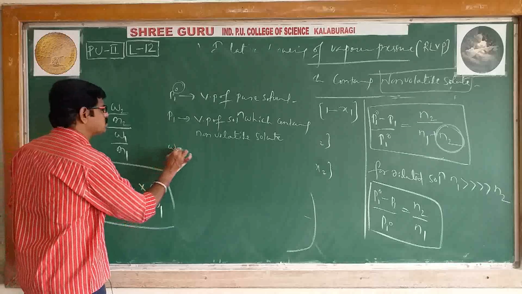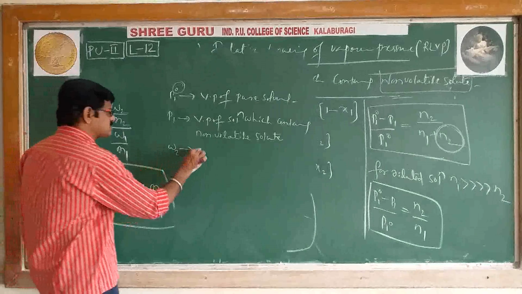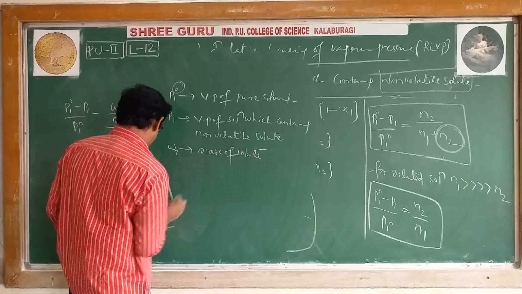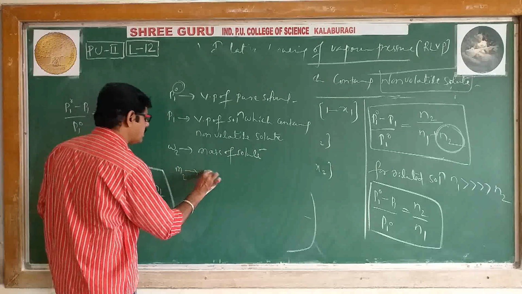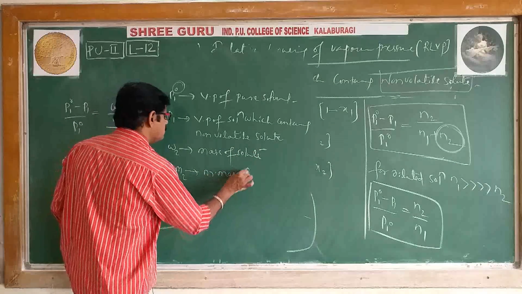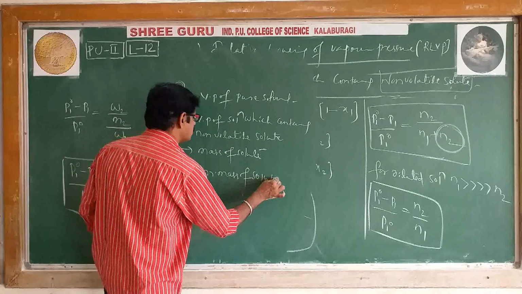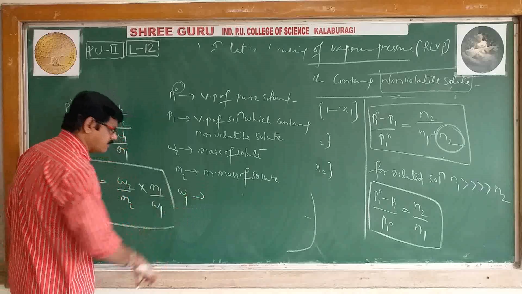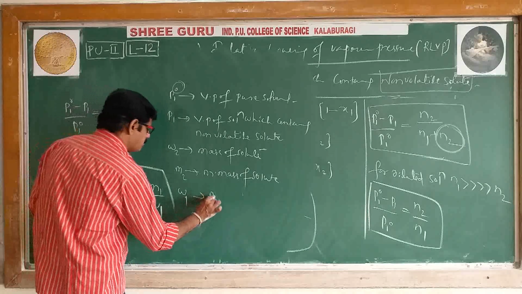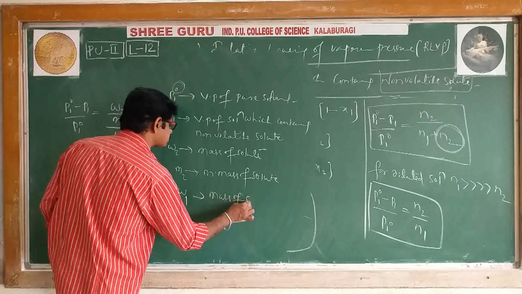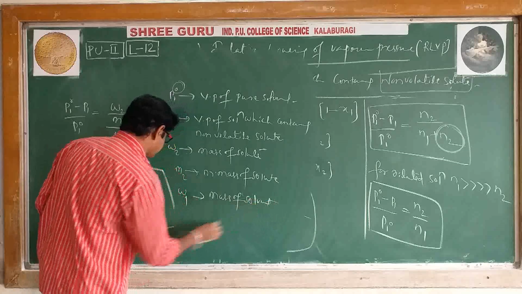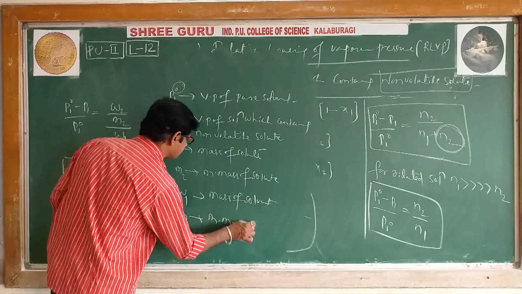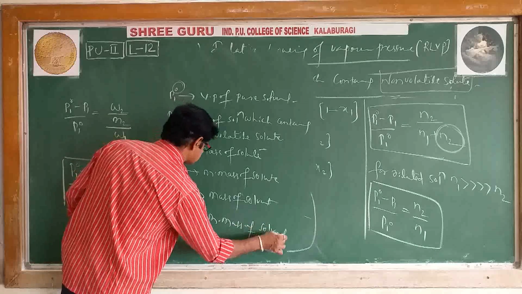Then what is W2? 2 is for solute, mass of solute, and M2 is the molar mass of solute. And as well W1 now. 1 is for solvent, mass of solvent, and M1, molar mass of solvent. That's it.